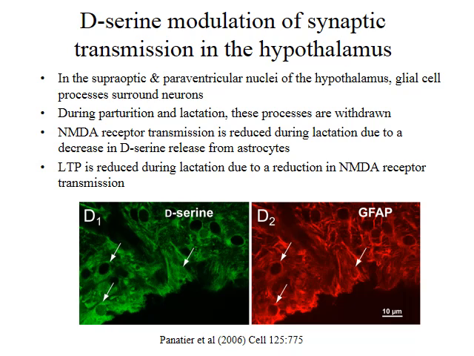What's shown in the illustrations at the bottom of this slide is the localization of D-serine to astrocytes in the hypothalamus. What's shown on the right in figure D2 is GFAP labeling, which highlights the astrocytes in the hypothalamus. GFAP is an intermediate filament found exclusively in astrocytes, and the red label shows the distribution of astrocytes in the hypothalamic nucleus.